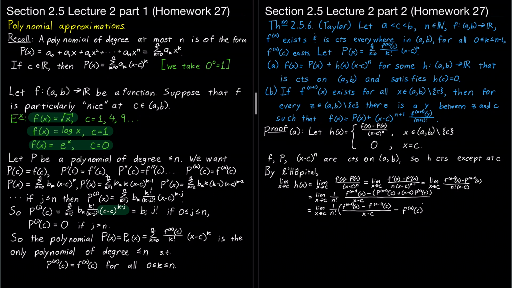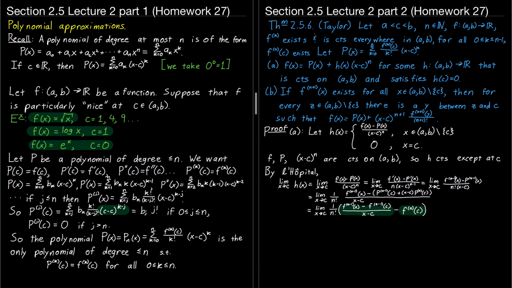And then we've got an x minus c and an x minus c that cancel out, and I'm not going to write them down. And notice that the first part approaches f prime of c as x goes to c, and then this part is the derivative of f n minus 1.